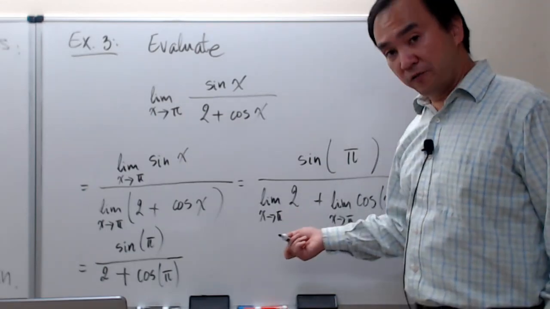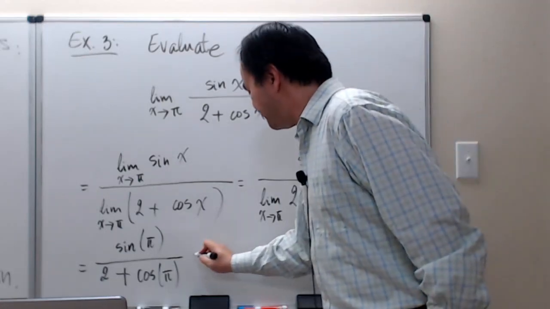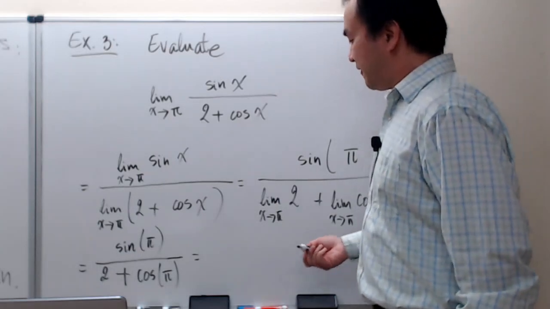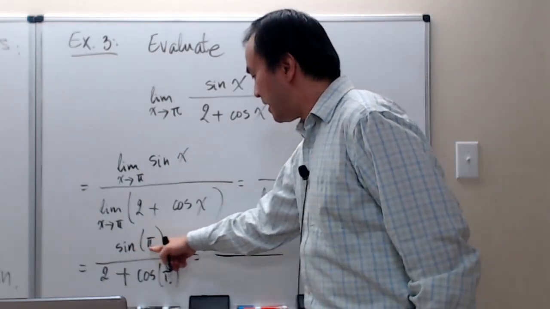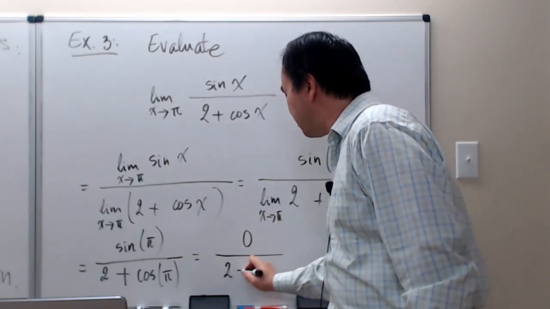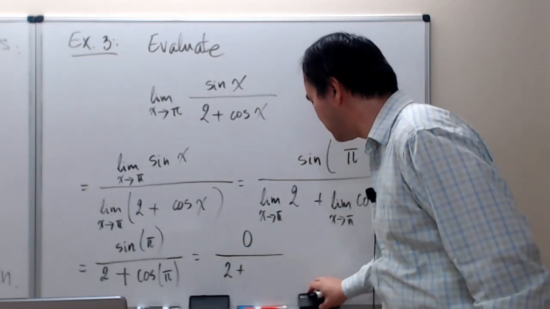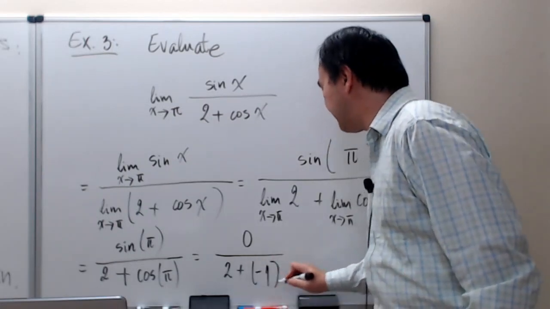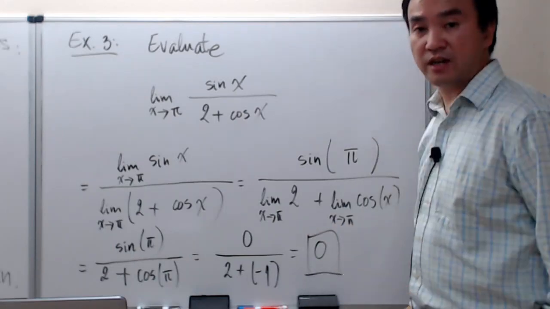Plus, we already knew from the earlier lecture that cosine is a simple function where we can just plug the limit point into the function as a function value. So now sine of pi is 0. In the denominator, we're looking at 2 plus cosine of pi, which is 1, I mean negative 1.